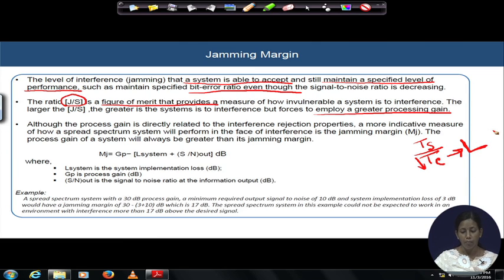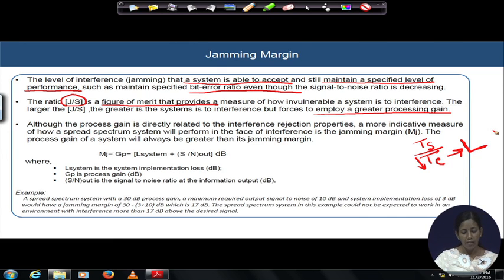So you end up using a very long length sequence for the spreading, which has a lot of disadvantages as well as advantages in practice, but the relation is something like this.